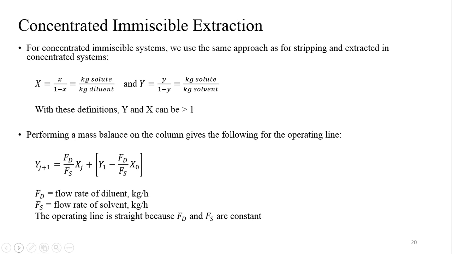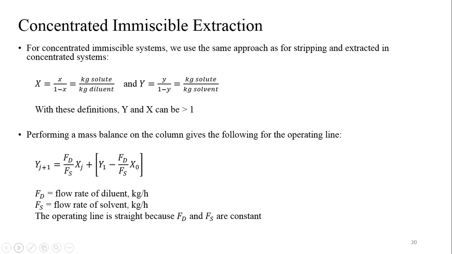What happens if we consider concentrated immiscible extraction? Immiscible means, again, we still don't have any exchange of the diluent into the solvent stream. But we have a concentrated solute, which means that our flow rates aren't going to be constant in our equipment.